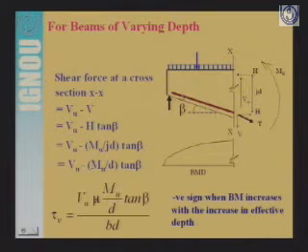This red color shows the main tensile reinforcement bar, and the angle which the beam is making with the horizontal, it is taken as beta.